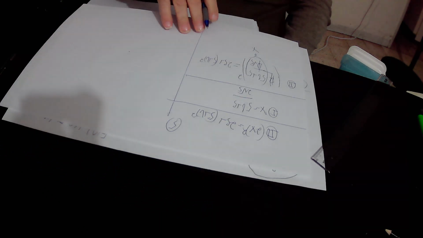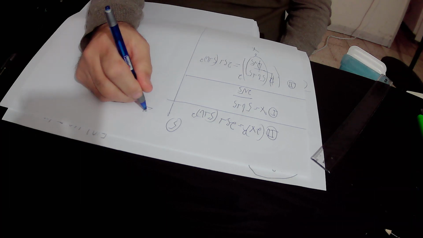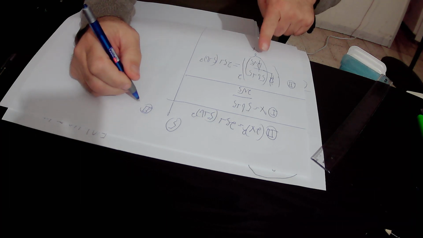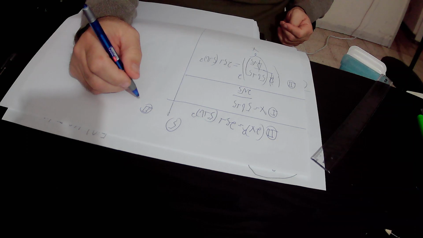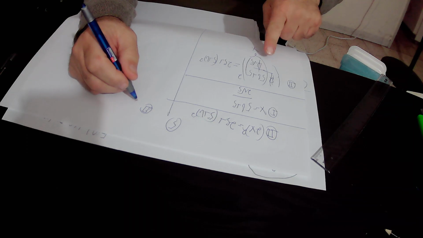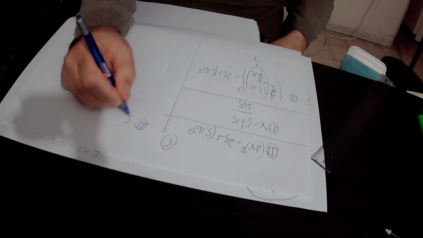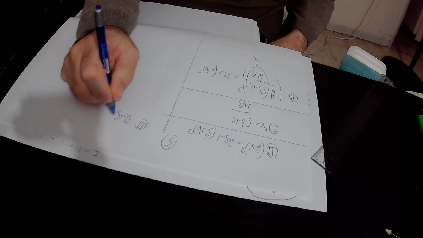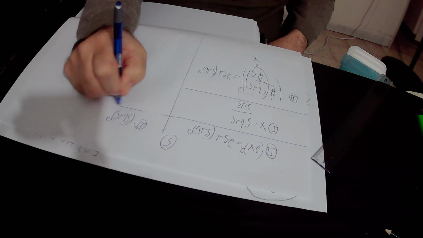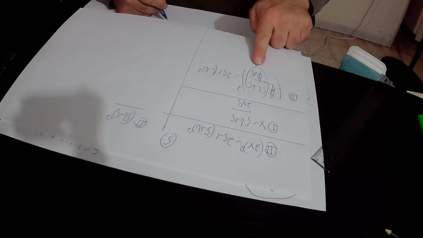After I cancel 2, on this side of equation number 2, we have in the numerator (5b plus 5) squared over, in the denominator, square root of 5 squared.